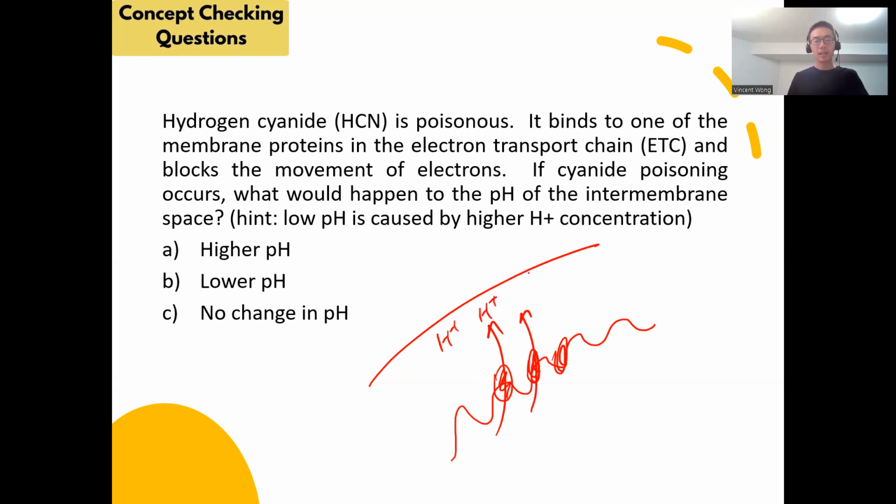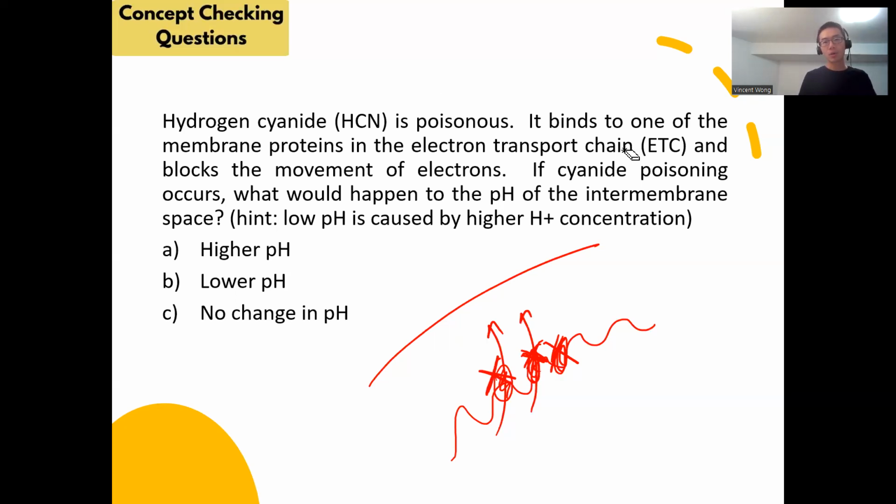This is talking about hydrogen cyanide poisoning. So the cyanide will basically bind to the ETC and block it, right? And if you're blocking it, we are not pumping the H plus. That's the first thing to realize in this question.